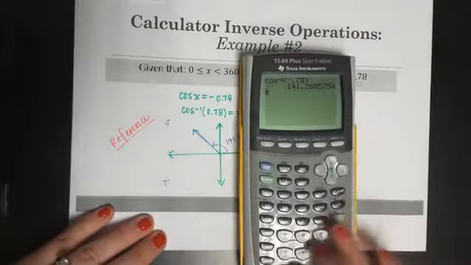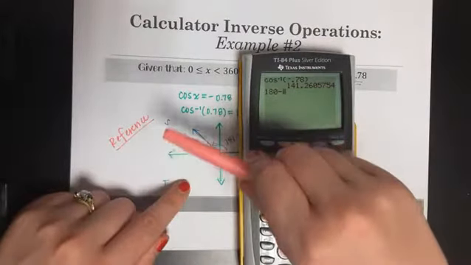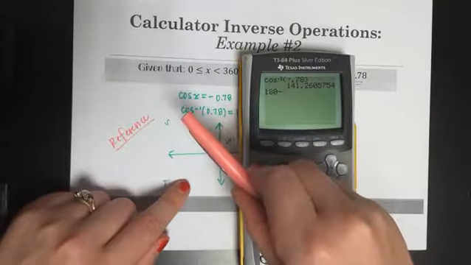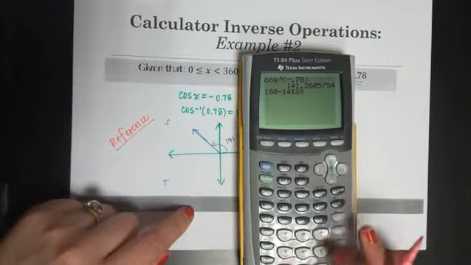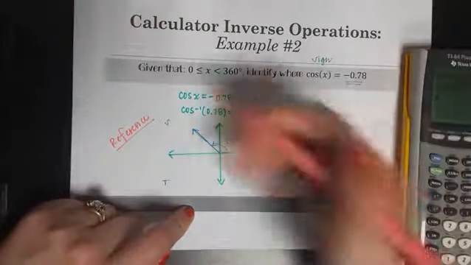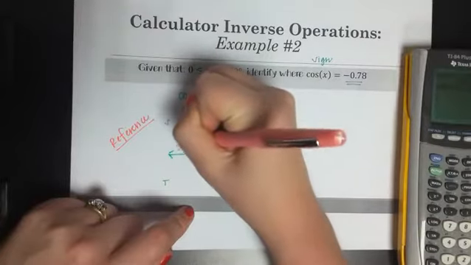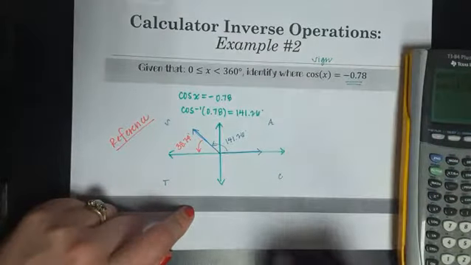So here, I want to find my reference angle by subtracting 180 minus that 141.26. When I do that, I get a reference angle of 38.74 degrees. So that's this angle value right here, 38.74.